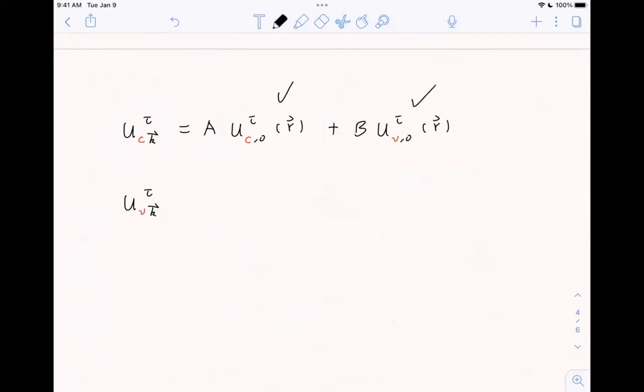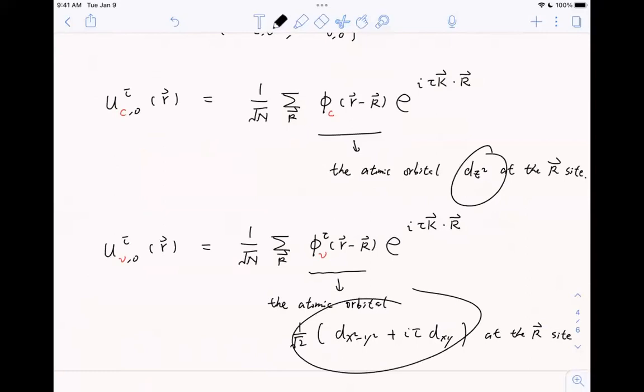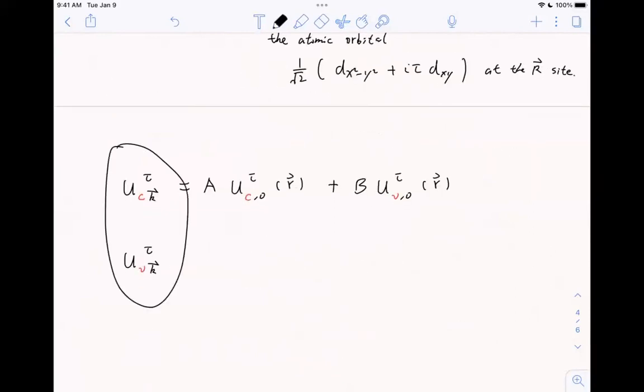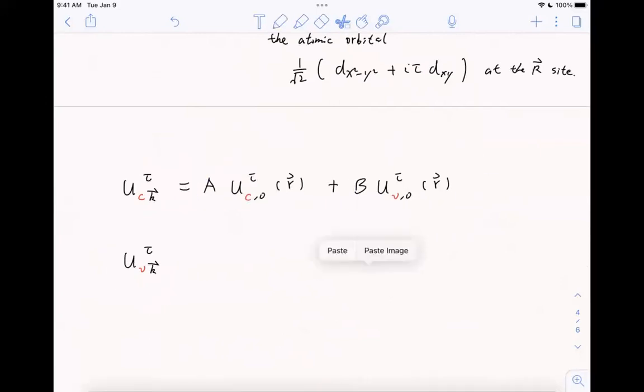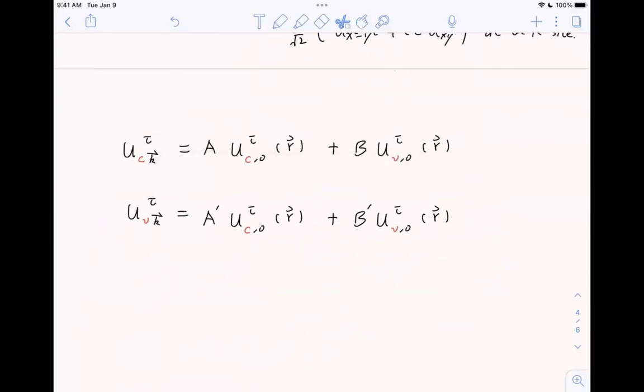These two are known. We know the atomic orbital, and we know that by using this construction, you get these two. These two are not known. This is what we want to get. And then here, the coefficients will be different, so I add the prime here, A prime, B prime, to differentiate them. So basically, our goal is to obtain A and B. Once you know A and B, A prime and B prime, you solve the problem.